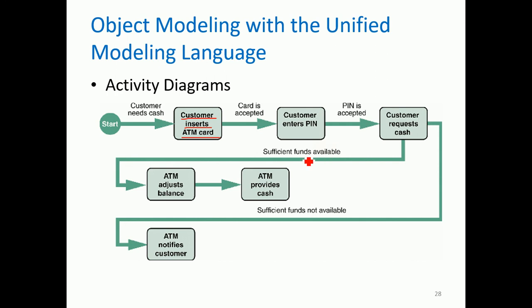If sufficient funds are available, the ATM adjusts balance. Since it is already automatic that the ATM adjusts balance, the ATM then provides cash. If sufficient funds are not available, then ATM notifies customer. So this is an example of an activity diagram.